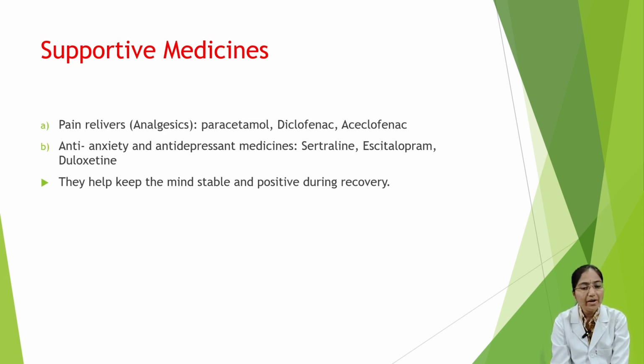Pain relievers, that is analgesics: paracetamol, diclofenac, and aceclofenac. And then anti-anxiety and antidepressant medicines: sertraline, escitalopram, and duloxetine. They help keep the mind stable and positive during recovery. This is the supportive management.